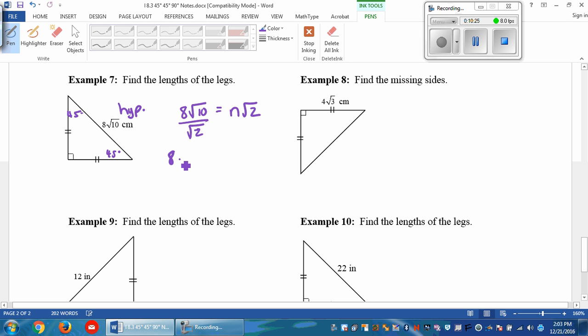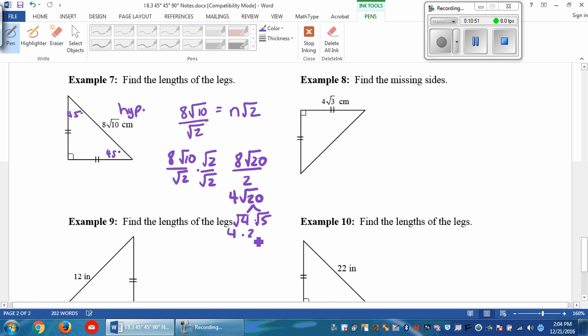So we get 8 root 10 root 2. So we're going to times root 2 over root 2. So this is 8 root 20 over 2, which then ends up being 4 root 20. And we're able to break that up into 4 and root 5.